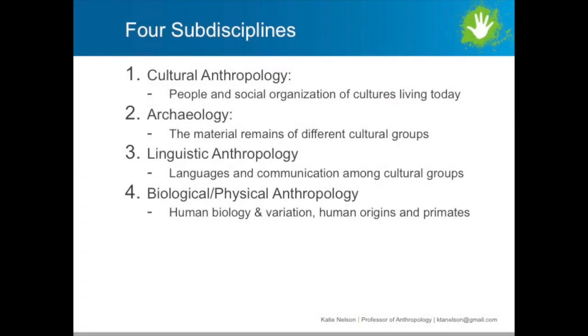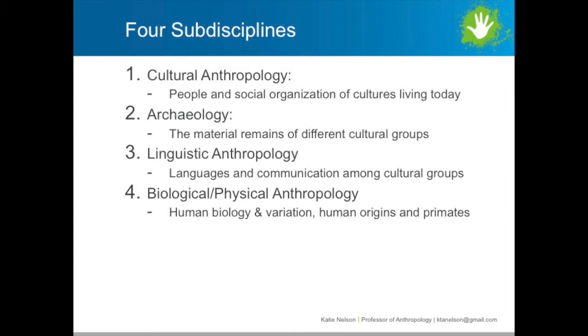Okay, slide 9. The four subdisciplines of anthropology, again, are cultural anthropology, which studies the people and social organization of cultures that are living today. Archaeology studies the material remains of different cultural groups. So essentially, archaeology has a lot in common with cultural anthropology in its topics of study.